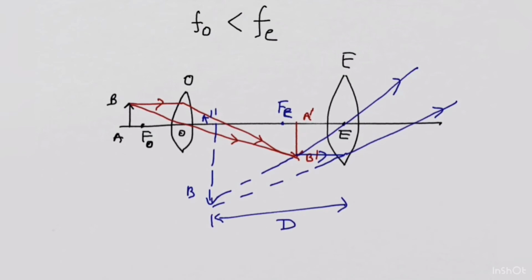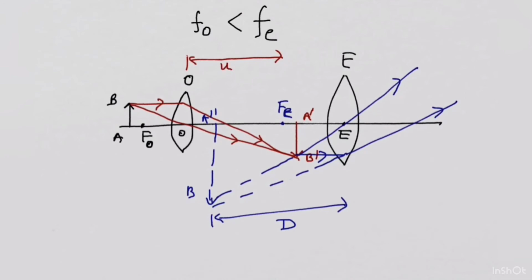This arrangement is called a compound microscope when it forms the image at the least distance of distinct vision. So this way you can make a very simple diagram for the compound microscope.